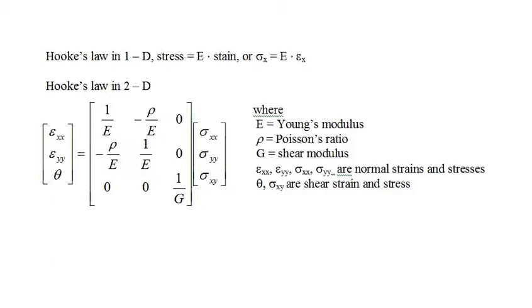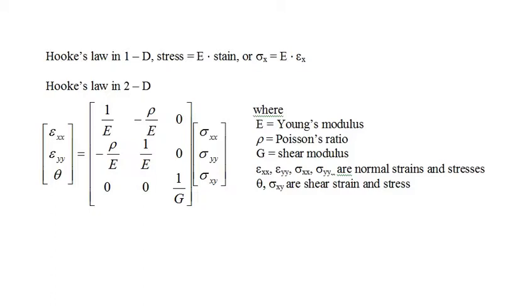Also, epsilon xx is normal strain in the x direction, epsilon yy is normal strain in the y direction, and theta, the angle, is shear strain. The parameters of Hooke's law are E, which is known as Young's modulus, P, known as Poisson's ratio, and G, the shear modulus.